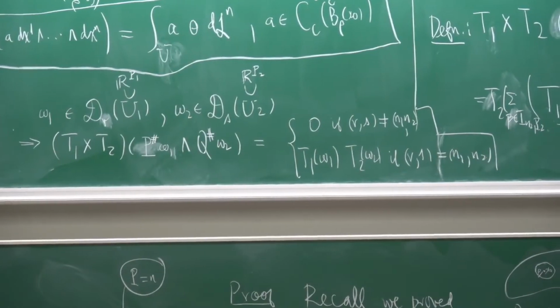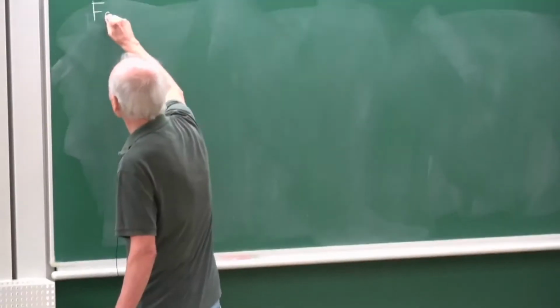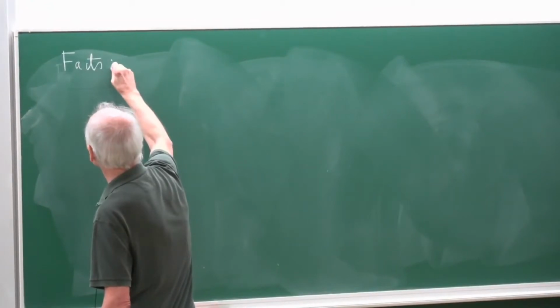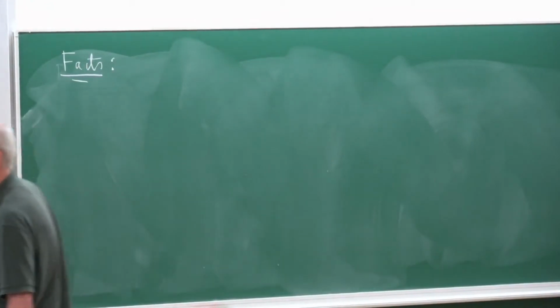Okay, so now let's list some facts, which I'll, in general, leave you to check. They're very easy to check, these facts. Several facts that we're going to need using this definition.